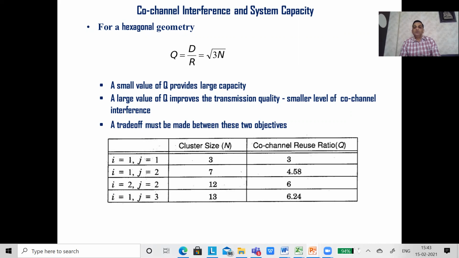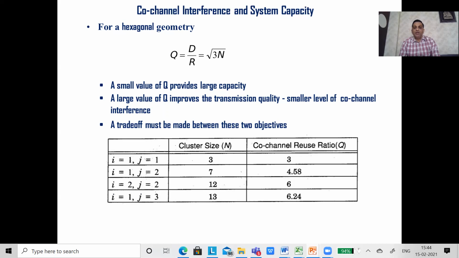So increasing Q reduces the interference, and if we reduce Q, then the capacity is going to increase. So there should be a trade-off value between these two parameters, and it has to be maintained so that service is provided without interference and with good quality.